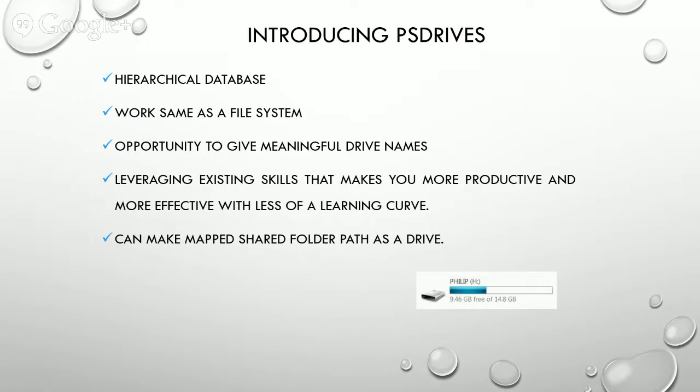What that brings to the table is, if you want to get a report of all the users in your Active Directory environment, the shortest and simplest way, with no need for any commandlets, is to go to your PS drive which points to your OU having all the users, and do an LS. Unix people know what LS does, and Windows people know what a dir does. You do a simple dir, redirect the output to a file, and you get the list of all the users in a particular OU.